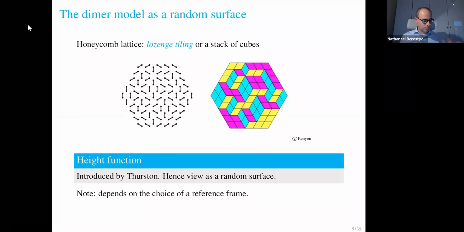And this notion of height allows you to encode the dimer model as a surface. So if the dimer covering is fixed, you're going to have a fixed surface representing the graph of this height function. Otherwise, if the dimer covering is selected at random, you're going to have a random surface. I'm going to give a more precise definition in a second, but I like this picture because it's very visual.